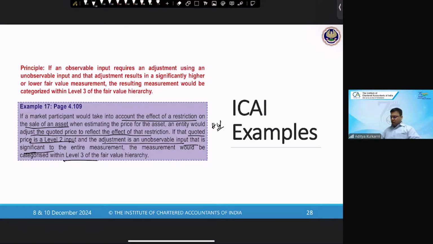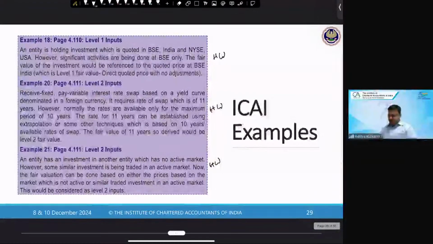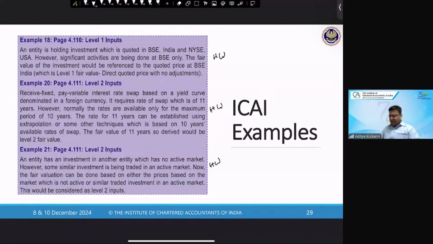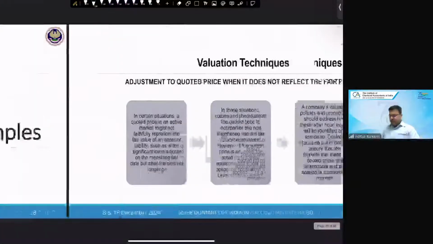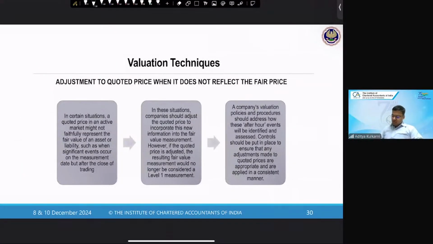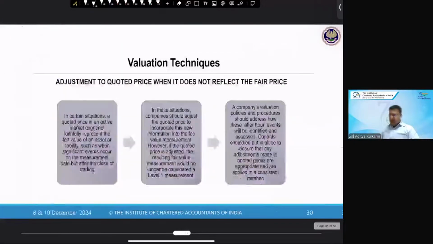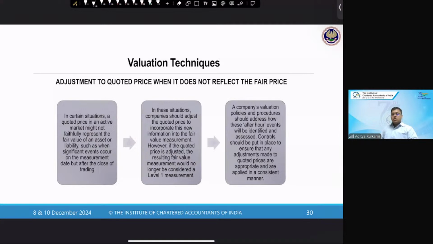Okay. Now, coming to the next one, I hope you tried these questions on level 1 and level 2 inputs, certain examples are there. Now, this was a review of what we had done so far.